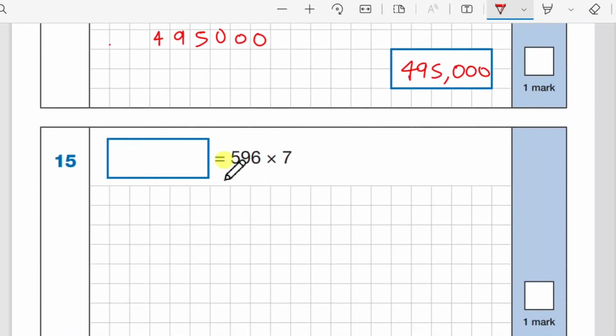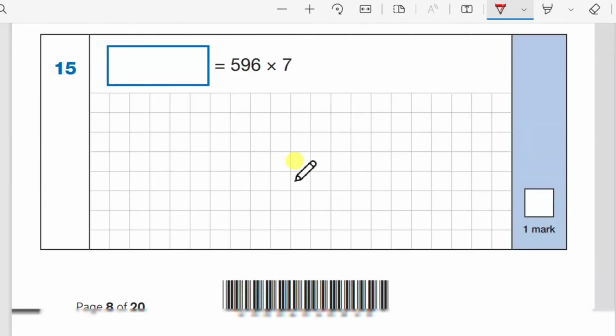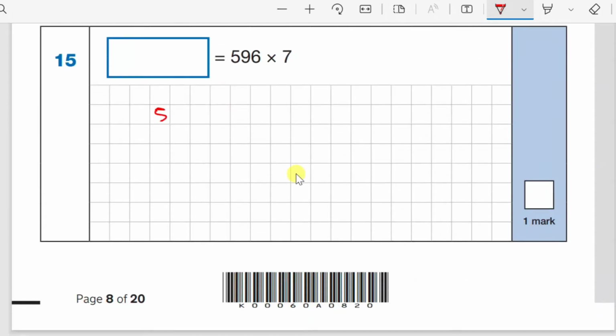Next one, 596 times 7. So let's write out here. So 596 times 7. Cool. The way we do this one, you times all of these by that single digit. So let's start with 6. 6 times 7. That gives us exactly 42. So you put a 2 there, carry the 4. Next one, you got 7 times 9.